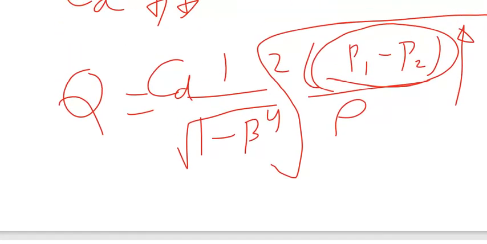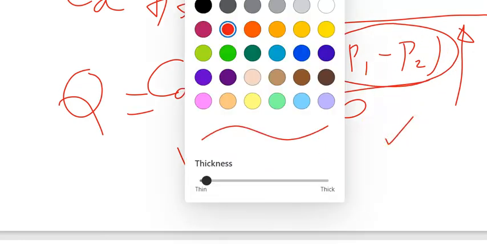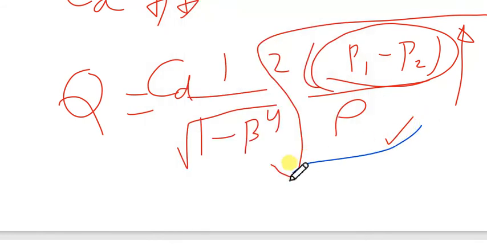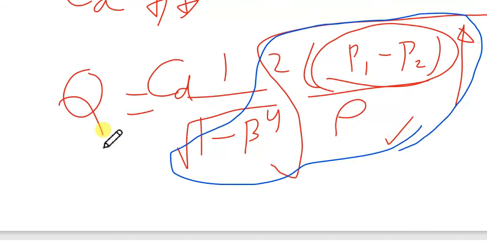Now you have calculated the CD. How? By calculating this term, which you can call Q ideal, and you know the Q actual, Q measured by rotameter.